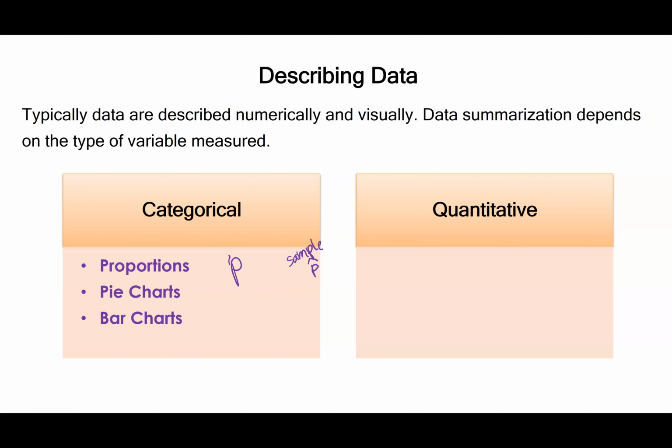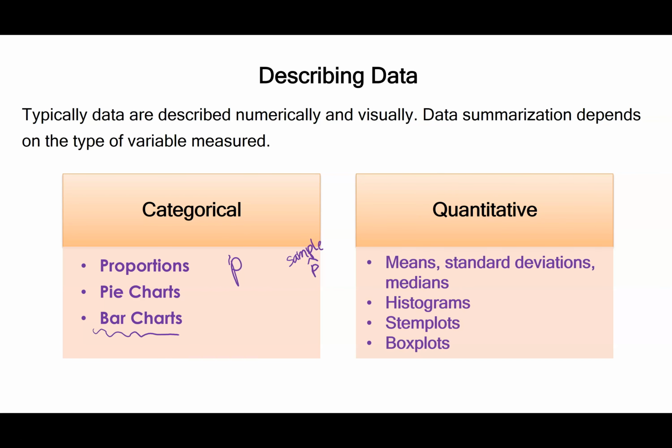You can use pie charts or bar charts. Bar charts are really the ones that we're going to stick with in this class. But pie charts are really, really popular out there. They're round with wedges, and the wedges correspond to what percent goes to each category. Statisticians tend to like bar charts a little bit better.